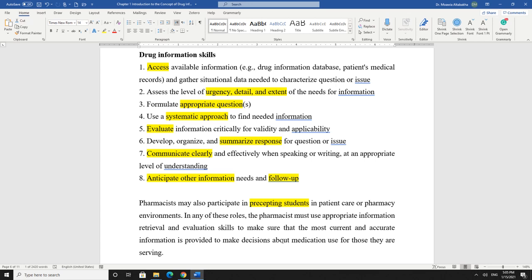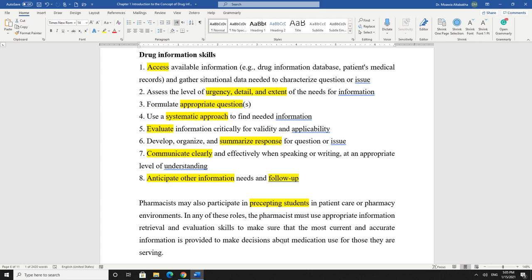Okay, so other relevant information will be gathered. Then you will summarize, organize, and synthesize your response, and then you need to communicate that clearly, whether verbally or by writing.